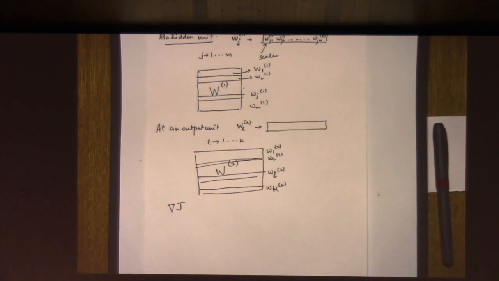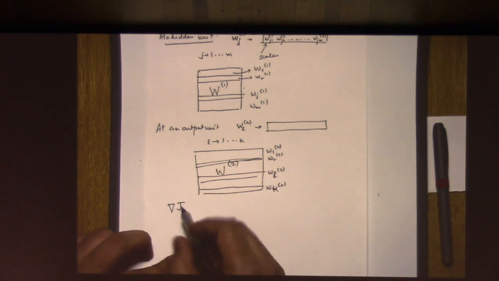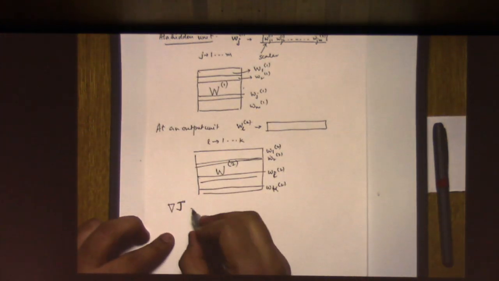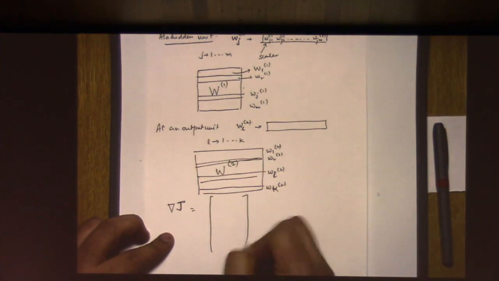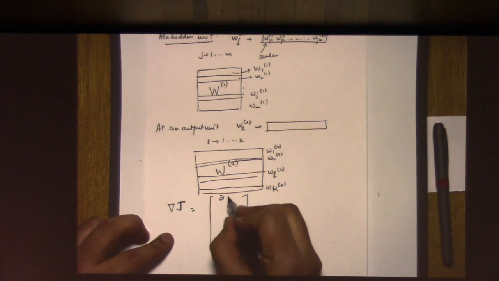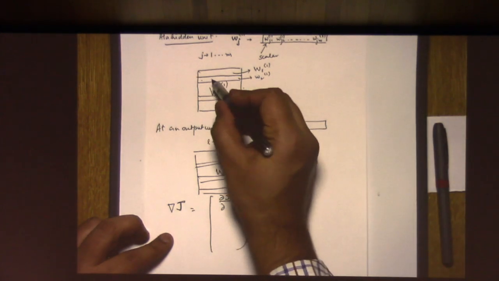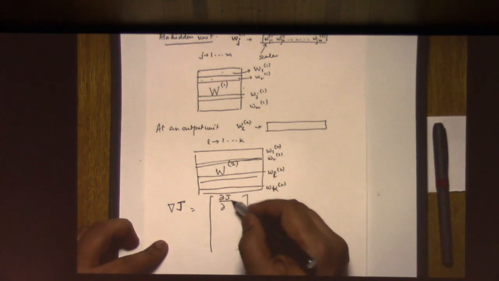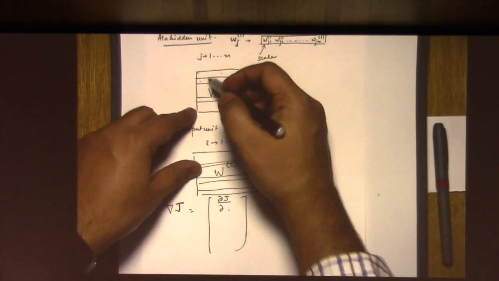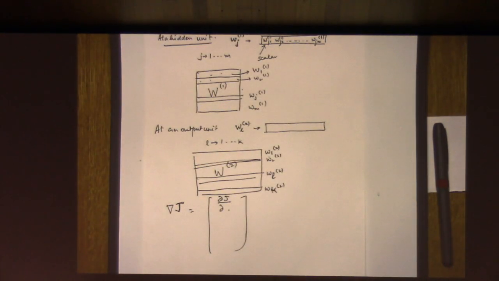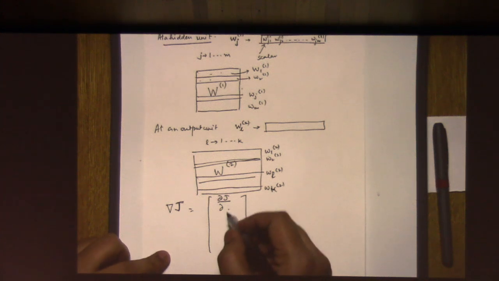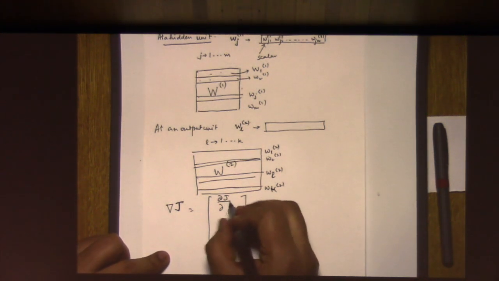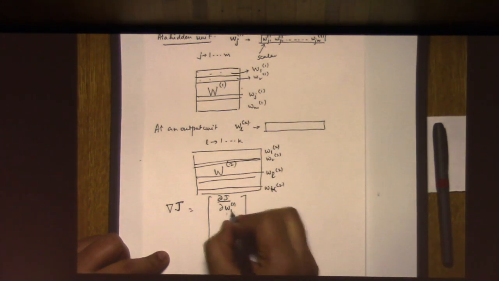So what we typically do is we compute the gradient of this J with respect to all of these weights by computing the derivative of J with respect to each one of these entries in these matrices. So if you put all of these matrix entries into one long vector, then you want to compute the derivative of J with respect to W1 of 1, 1.